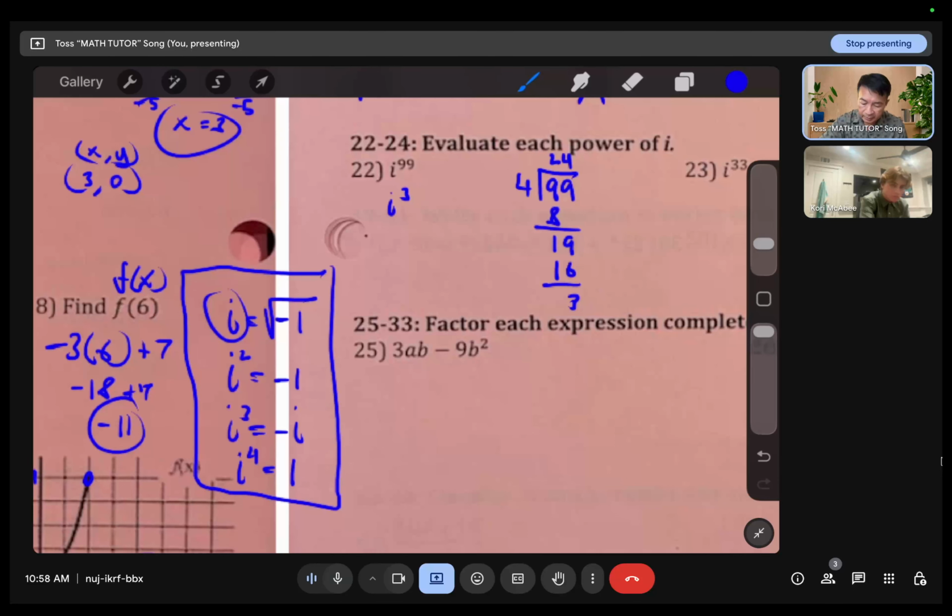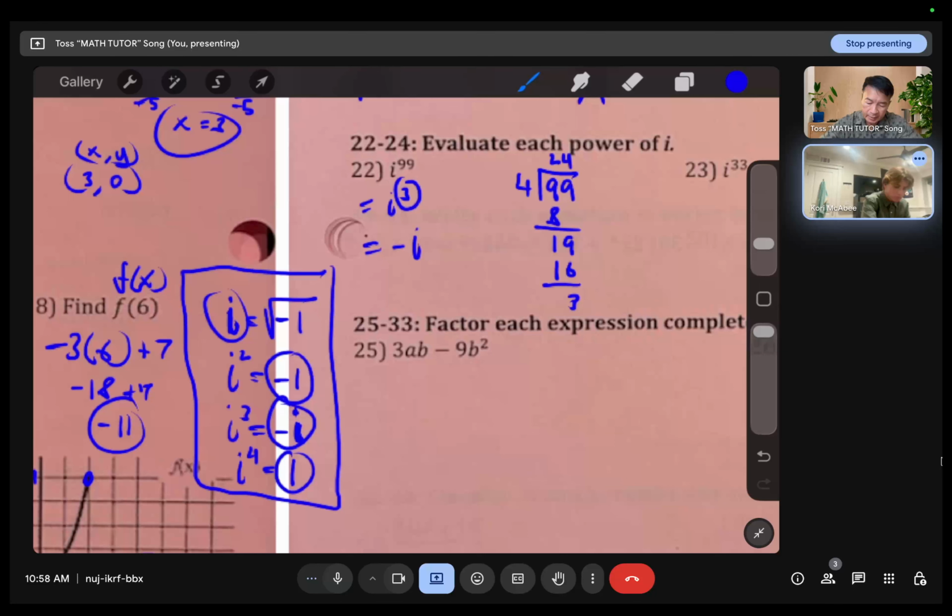You're only allowed to write i, negative 1, negative i, or 1. So the remainder is always the exponent, and i to the remainder is the answer. Based on the list here, the final answer is negative i, sorry. This is my negative i here. So the answer is negative i.